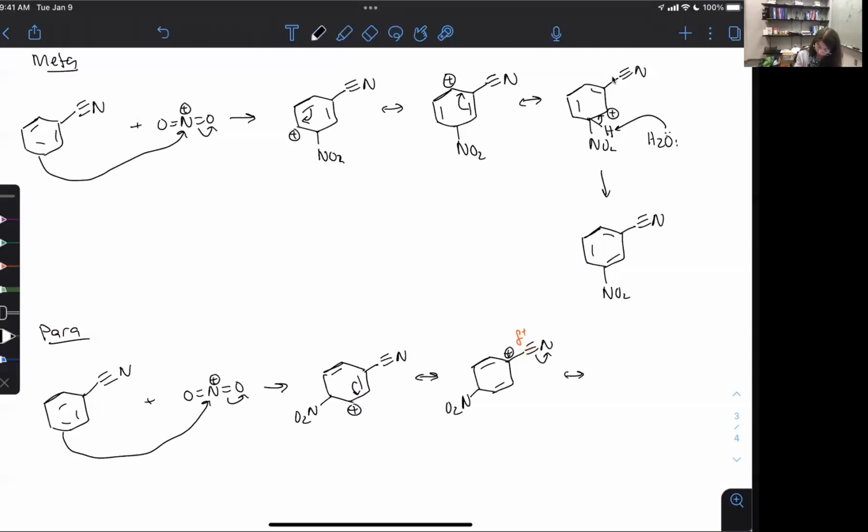Sometimes I just like to draw the resonance structure out to see it with my eyes. It is obviously not a major contributing resonance structure because I am making charges, but it's still present. So it's still part of the overall picture here.